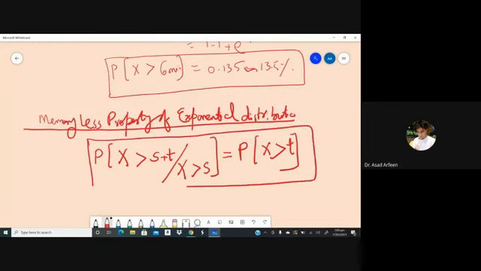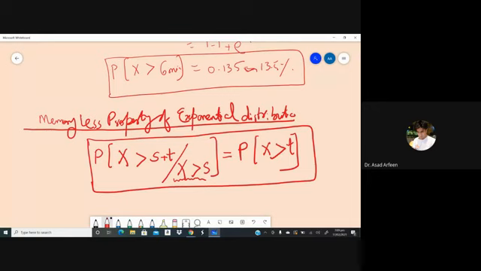And why is it called memoryless? Just write down the problem. It is given that this event has happened, that x is greater than a small s, because there are two values, s and t.